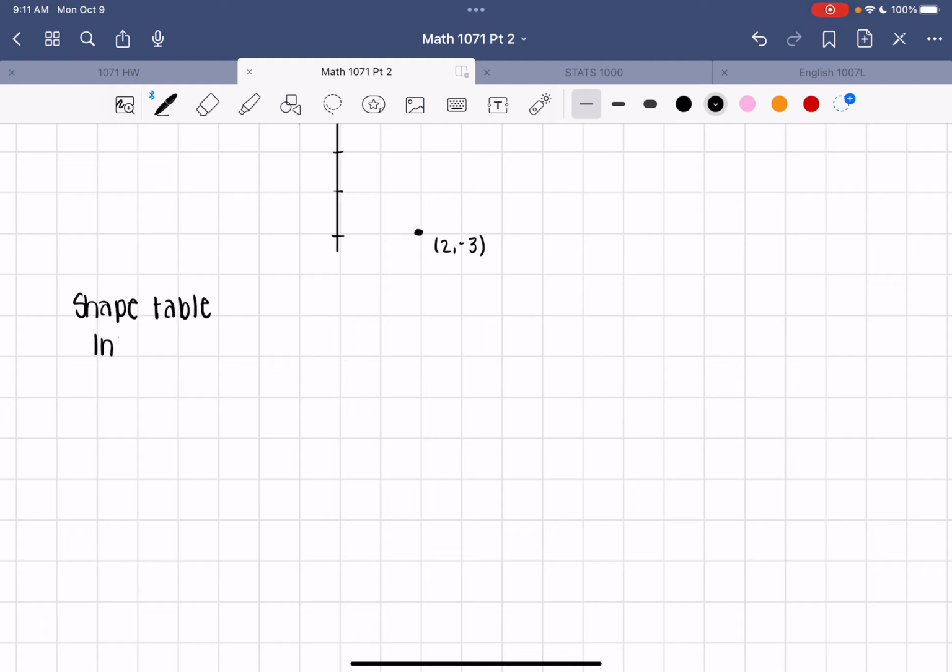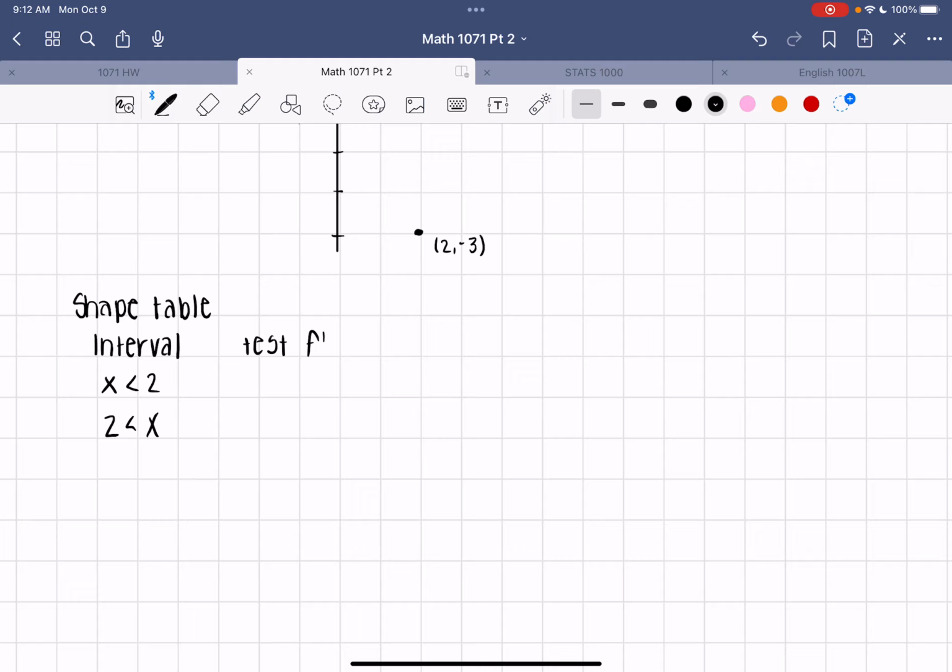And we only need to test one point in the interval, because here to the left of 2, it's all going to be increasing or it's all going to be decreasing. It's not going to do both. It's not going to be increasing and then decreasing, because that would create a new critical point.